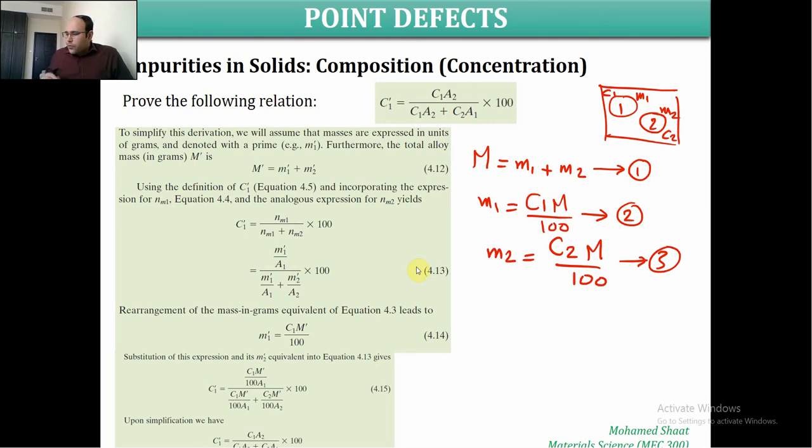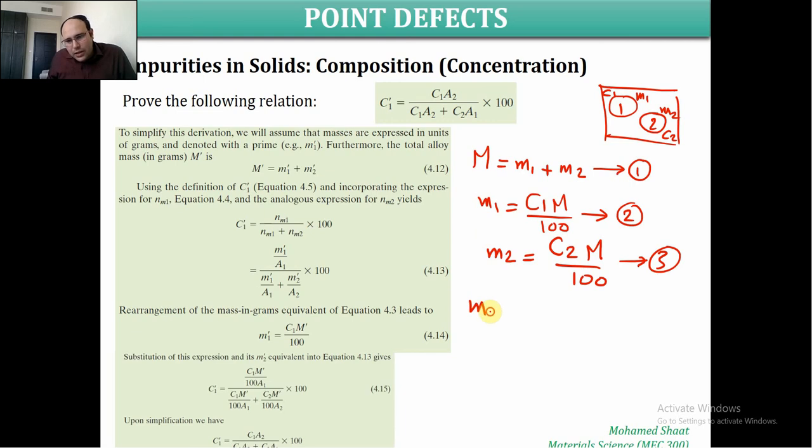Also, according to the definition of the atomic weight in chapter 2, the atomic weight is related to the mass of the number of atoms that would be used for forming 1 mole of the element. We said that this 1 mole has Avogadro's number of atoms that form 1 mole of any element. So can we define this mass in terms of the number of moles and the atomic weight?